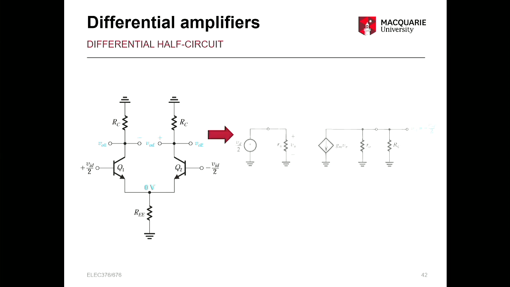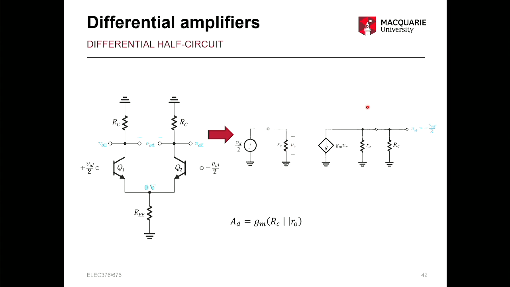So if we convert that to our equivalent models, then we can see that our AD is going to be, well, let's look at it. GM, in this case GM V pi, but then that will be divided by the VID, V pi at the input.